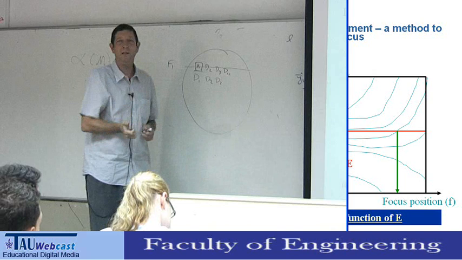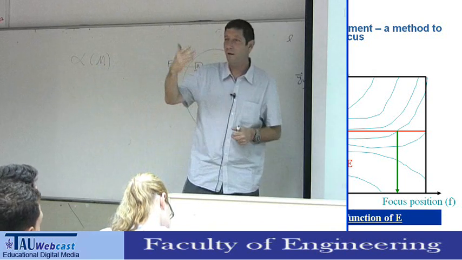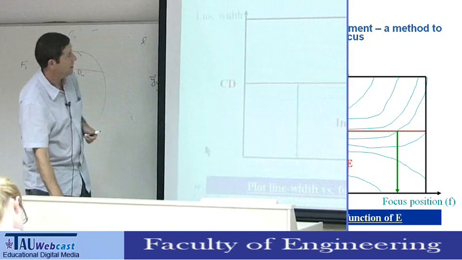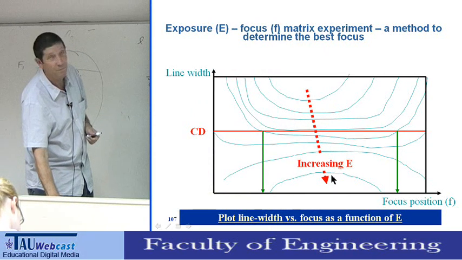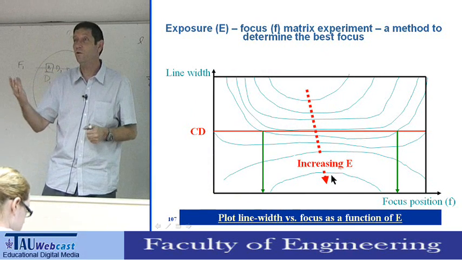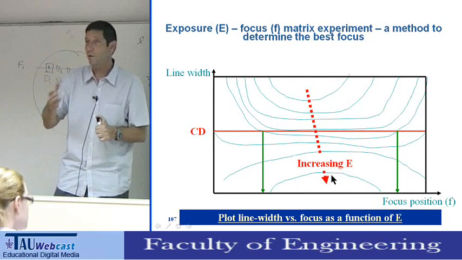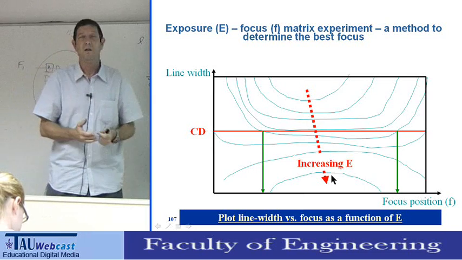Then you move it up a little bit again, and then you develop it. So you can actually develop and measure the line width, and plot the line width as a function of the energy and also a function of the focus.